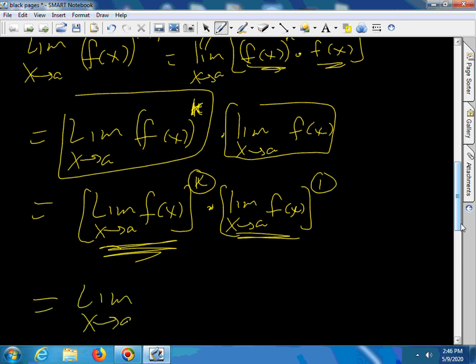You're going to have whatever that mess is. In this case, it's that raised to the, well, add the powers. K plus 1. That completes this theorem.